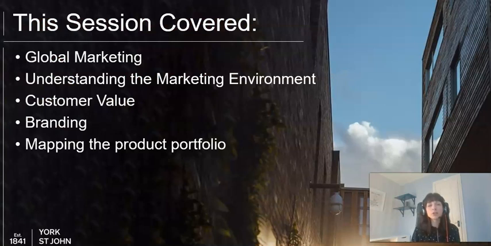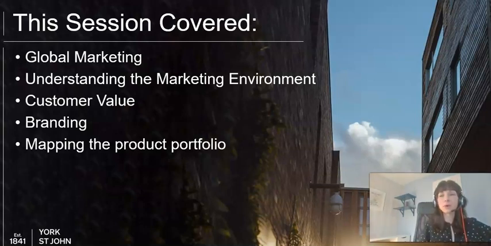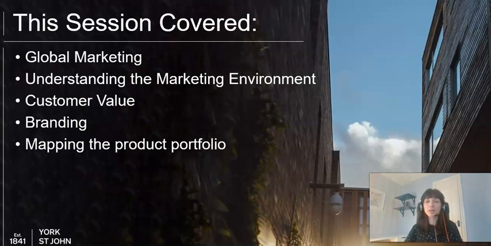So I'm really conscious today's session covered a lot of material. We started off with global markets, looking at how we're going to manage over a number of geographies. We then considered a couple of tools, PESTLE and Porter's five forces, to look at the marketplace we're operating in. We then looked at how we create customer value.